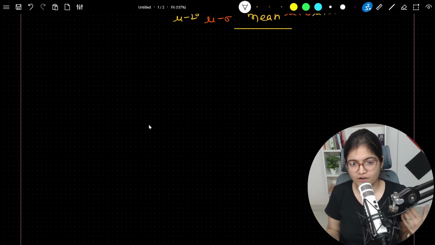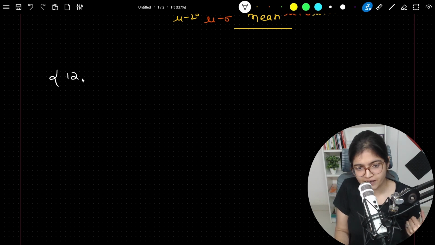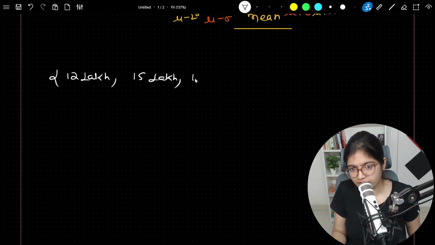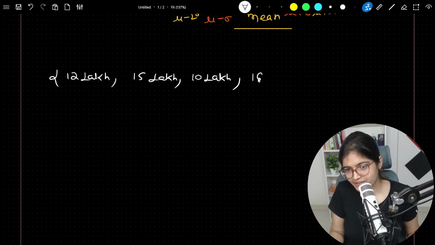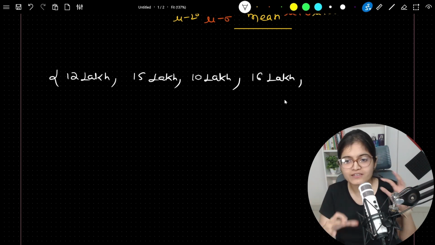Some people are earning as a fresher, let's say, a 12 lakh package. The second person's starting salary is 15 lakh. The third one you got 10 lakh. The fourth one maybe 16 lakh. So far things are fine, because all of these numbers are somehow interrelated with each other.